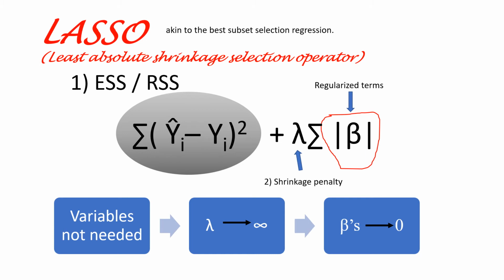LASSO, which means least absolute shrinkage and selection operator, overcomes the disadvantage of ridge regression by setting the high beta values to zero when these betas are extremely large or approaching infinity. And if these betas or variables are not relevant to the purposes of our analysis, these high beta values can be set to zero.